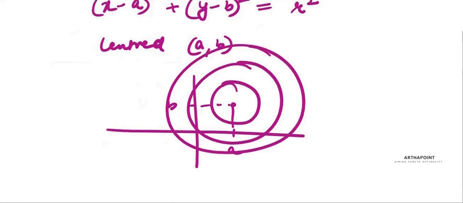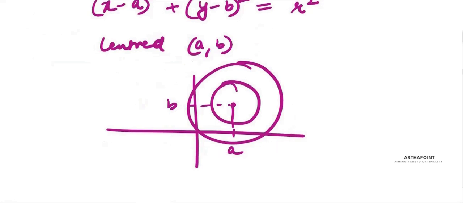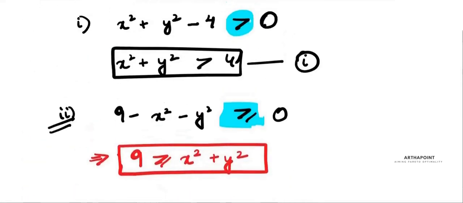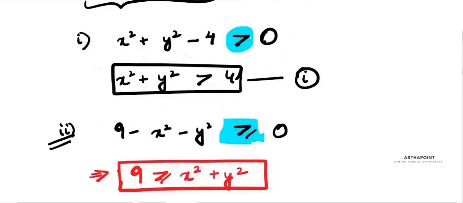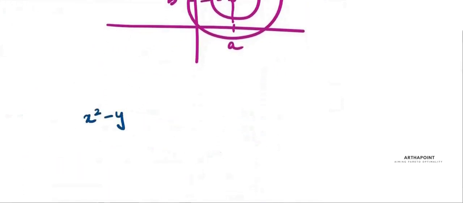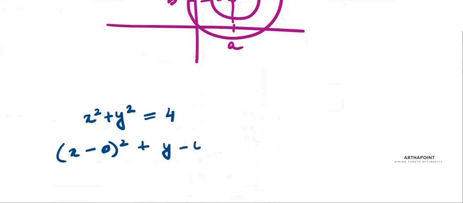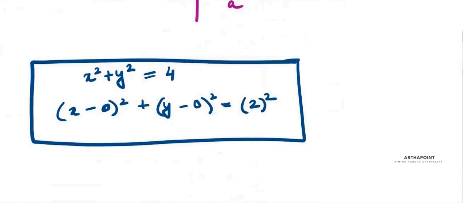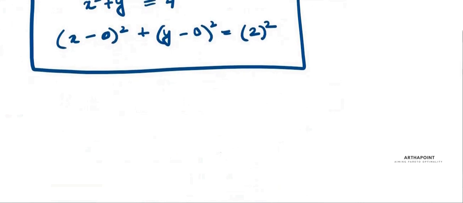Now if I look back at my equation, this is greater than, but had it been an equal to sign, then x square plus y square equal to 4 is nothing but x minus 0 whole square plus y minus 0 whole square is equal to 2 square. This looks familiar to the equation of a circle. It's centered around the origin, radius is 2.